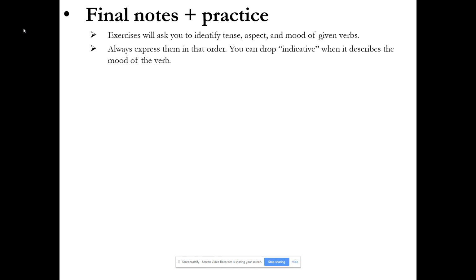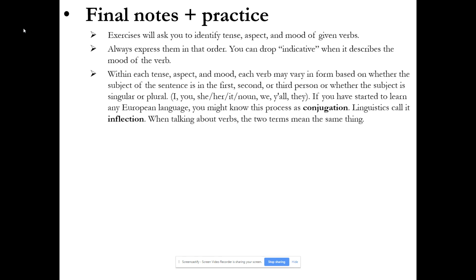You don't need to say it because it's implied that it's indicative unless you explicitly state that it is in some other mood, right? Okay, lots of words. We typically also change verbs within every tense, aspect, and mood, right?